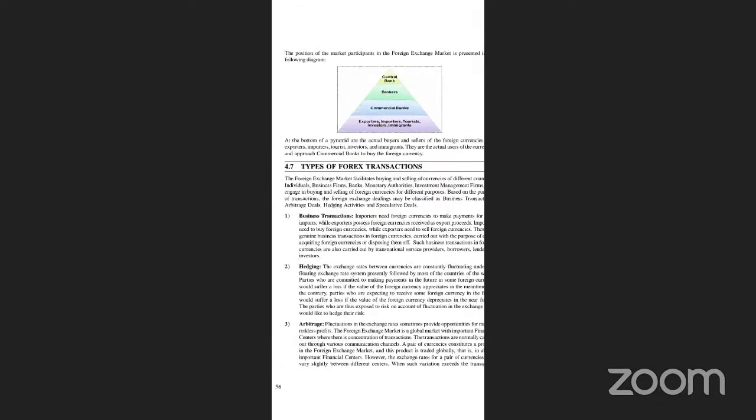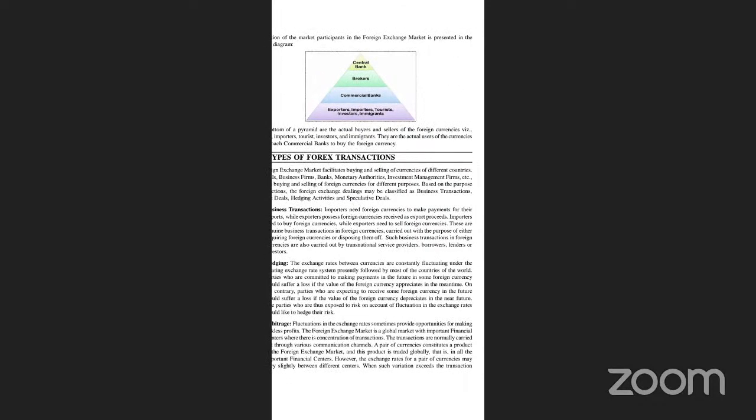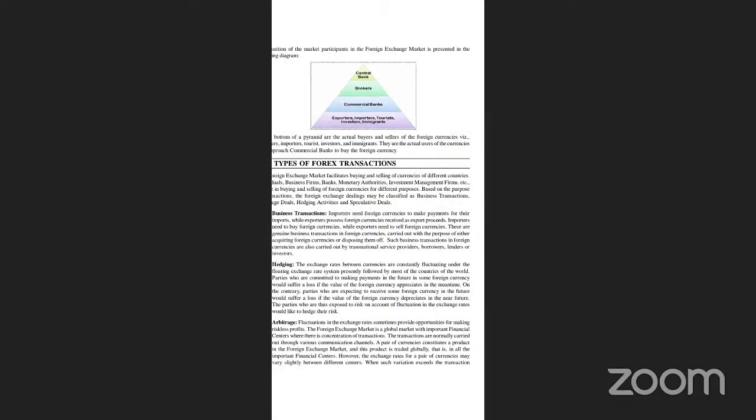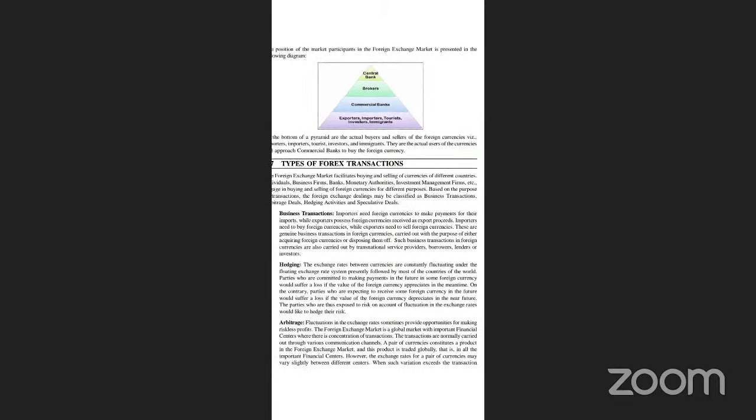These are transactions in foreign currencies which are carried out with the particular intention of either acquiring a foreign currency or selling it off in the foreign market. Some business transactions in foreign currencies are carried out by transnational service providers, borrowers, lenders, or investors.